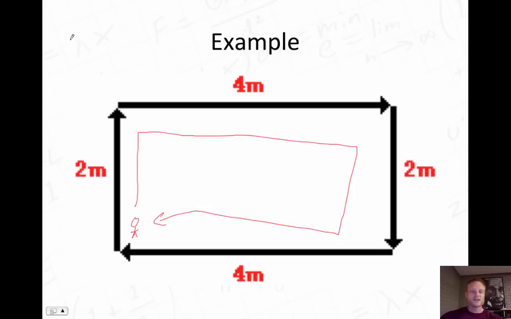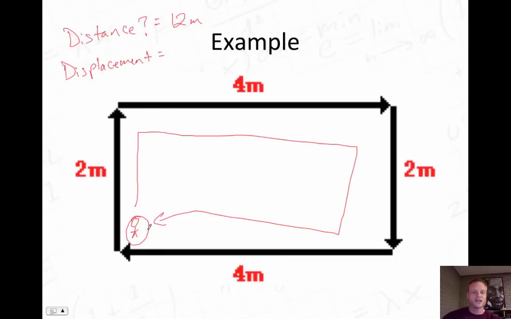What is my total distance that I covered? How much ground did I cover? The total distance would be 2 plus 4 plus 2 plus 4, which is 12 meters. So I walked 12 meters. Now my displacement: once I'm back to where I started, how much did I actually change my position from this starting point?